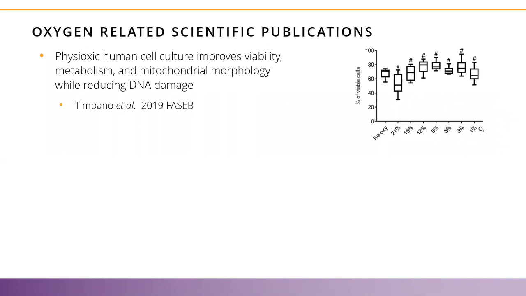This clearly indicates that cells do prefer, even if they have been kept for decades in cell culture, to be at their relative physiologic concentrations instead of the incubator standard normoxia concentrations.